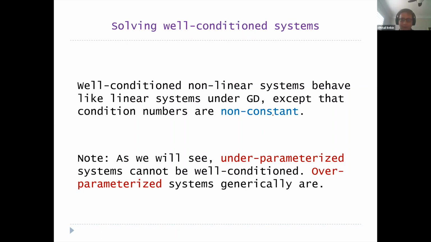There are Landweber and various other variations of gradient descent for linear systems. Interestingly enough, this is only true for over-parameterized systems. Under-parameterized systems cannot be well-conditioned. It's not possible. But over-parameterized systems almost always are. I'll explain in what sense.